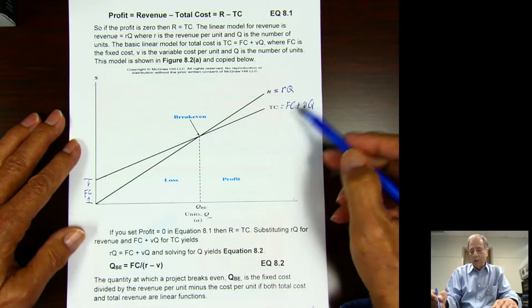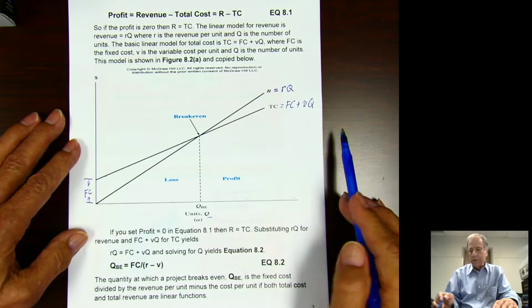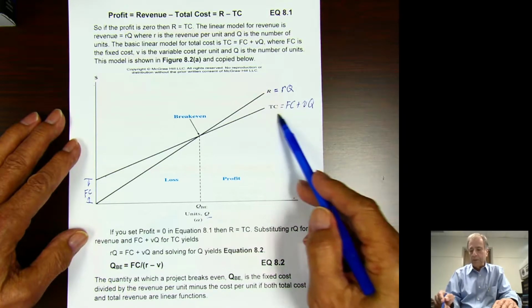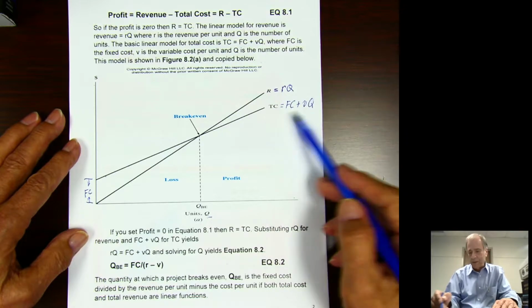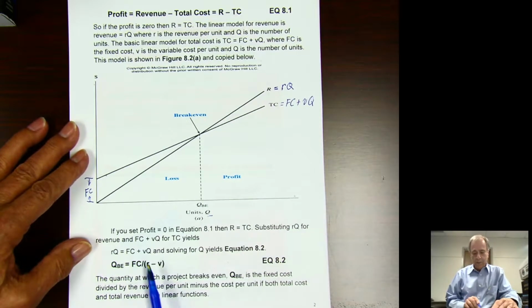And so if we set the revenue equation equal to 0, then we want to find a point where the total revenue equals the total cost, because the cost is negative, and that would make that 0. And so that's what we do right here.